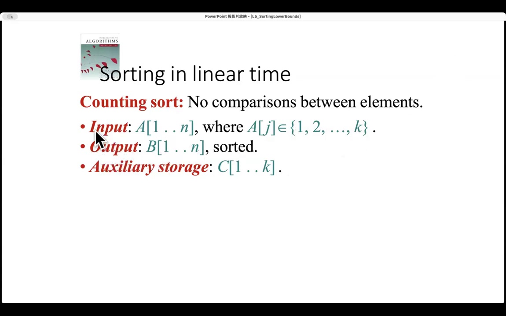So this is the input, and we are going to output the sorted result to another array B. Of course, the array B has the same size as the input array. And we have this auxiliary storage space, which we call array C. The size of C is k, so it runs from 1 to k.